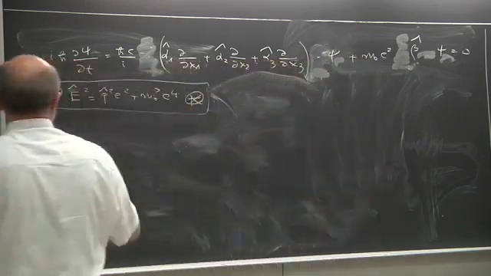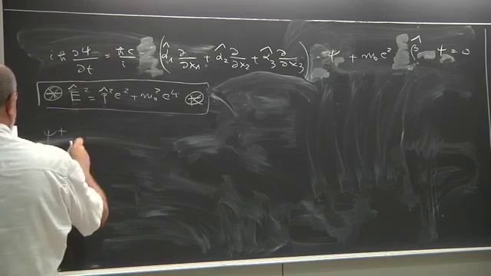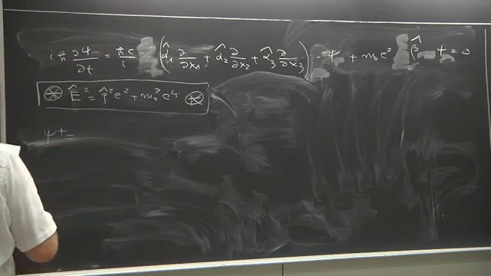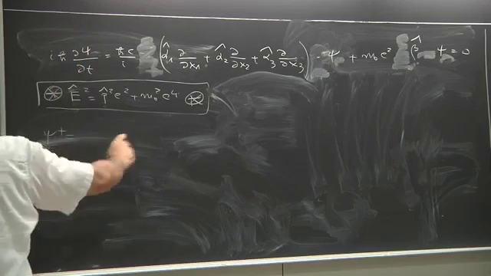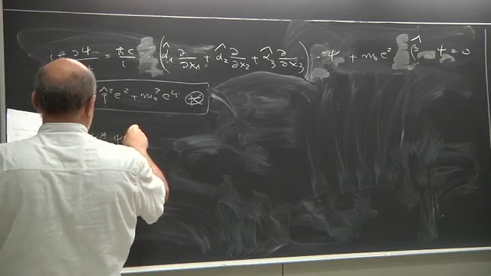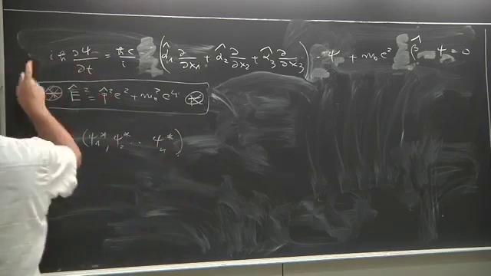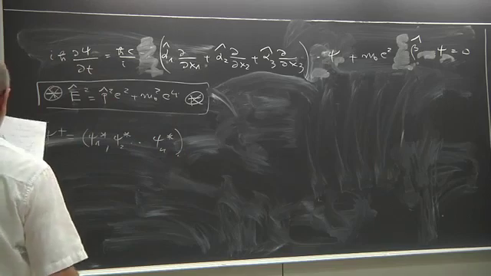Now let's multiply this equation by psi dagger. Psi dagger means if this is a column, this is a row: psi 1 star, psi 2 star, up to psi 4 star. So let's multiply on the left by psi dagger.